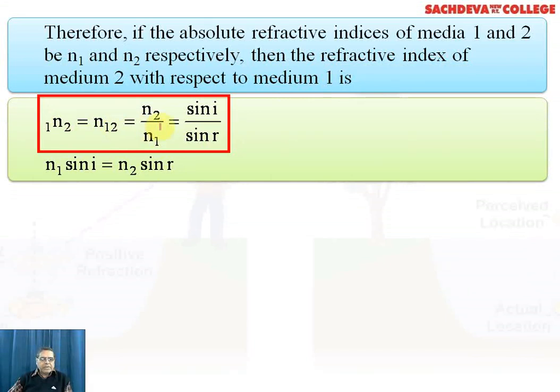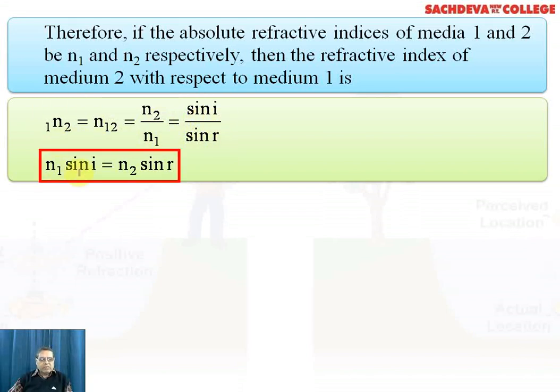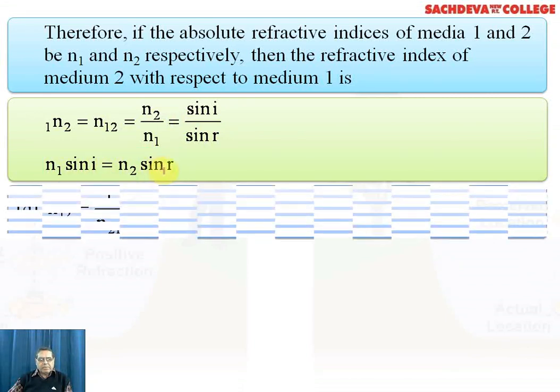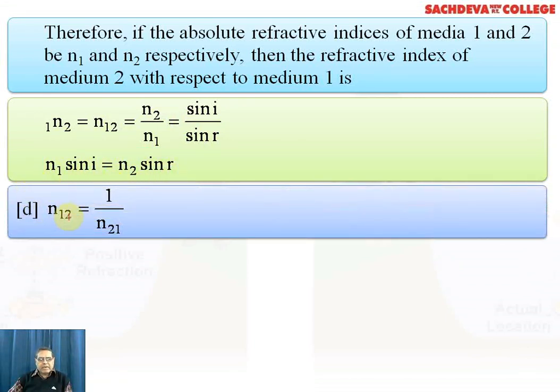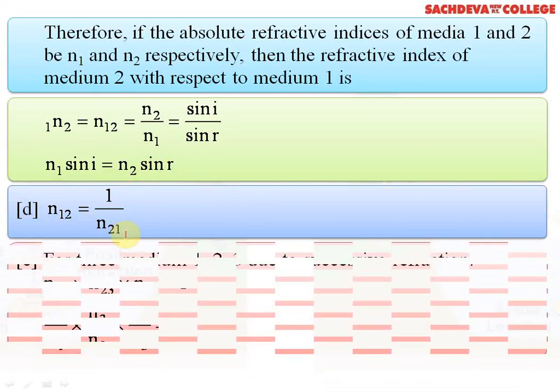So it is N2 over N1, that is sine I over sine R. Now N1 sine I equals N2 sine R, where I and R are the angle of incidence and the angle of refraction. So N12 is equal to 1 over N21 because it is a reciprocal number.